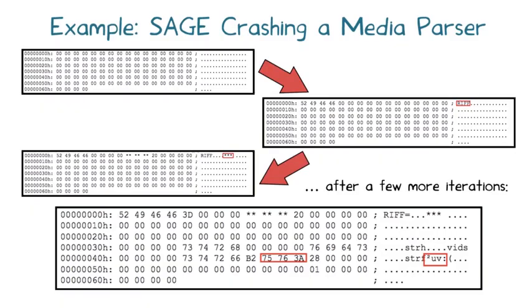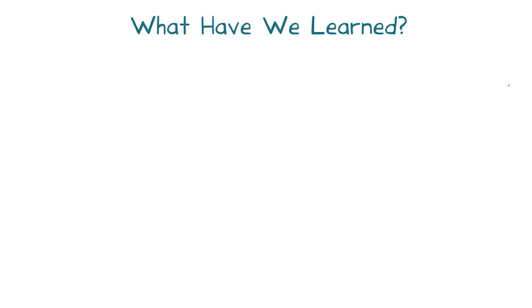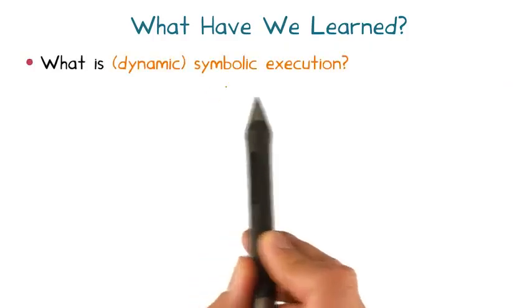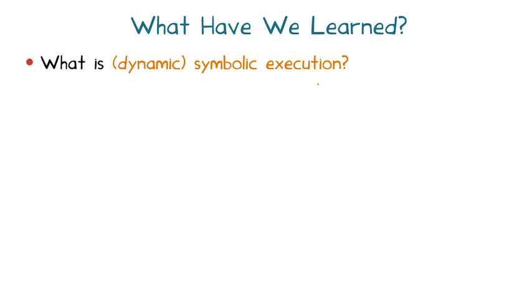Now that the lesson is coming to a close, let's review what we have learned about dynamic symbolic execution. Symbolic execution is a technique for simulating the execution of a program on symbolic inputs. It tracks symbolic constraints over such inputs to decide whether certain paths of computation are possible.